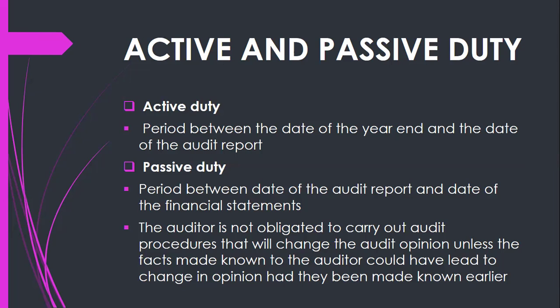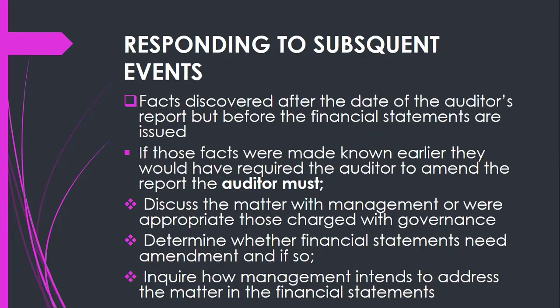If those facts that are made known to the auditor could have led to the auditor expressing a different opinion or changing some aspects of the report, then those particular events and conditions are supposed to be responded to by the auditor. All right. So now, how does the auditor respond to subsequent events?